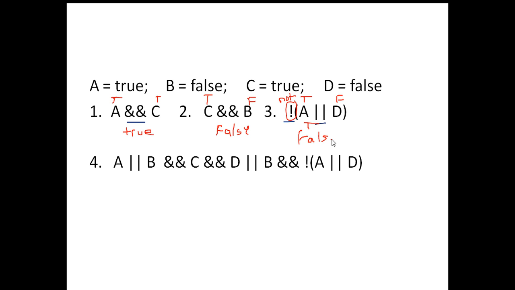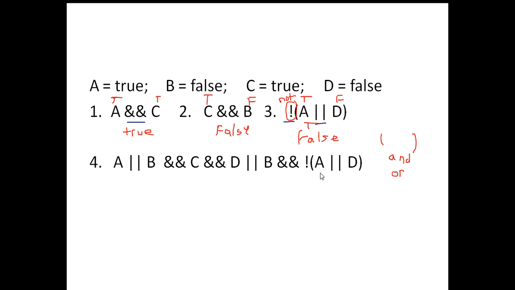And then if you have a compound situation here, the thing to remember is that you do the parentheses first, and then you do the ands next, and then you do all the ors from left to right.